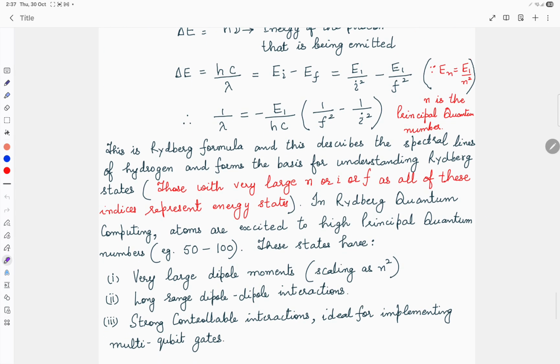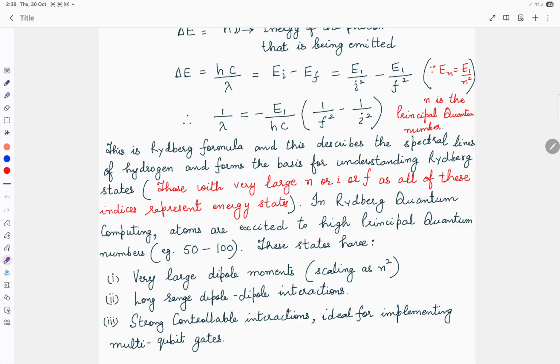Now this Rydberg formula describes the spectral lines of hydrogen and forms the basis for understanding Rydberg states. Now what are Rydberg states? Those with very large values of n, maybe n ranging from 50 to 100.